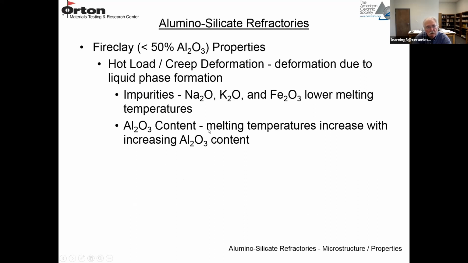So the alumina content is important because the melting temperature is increased with alumina content. The impurity content is important because they're going to decrease the melting temperature as the impurity level increases. So your creep, your hot load, your hot strength are all going to depend on the amount of impurities and the alumina content.